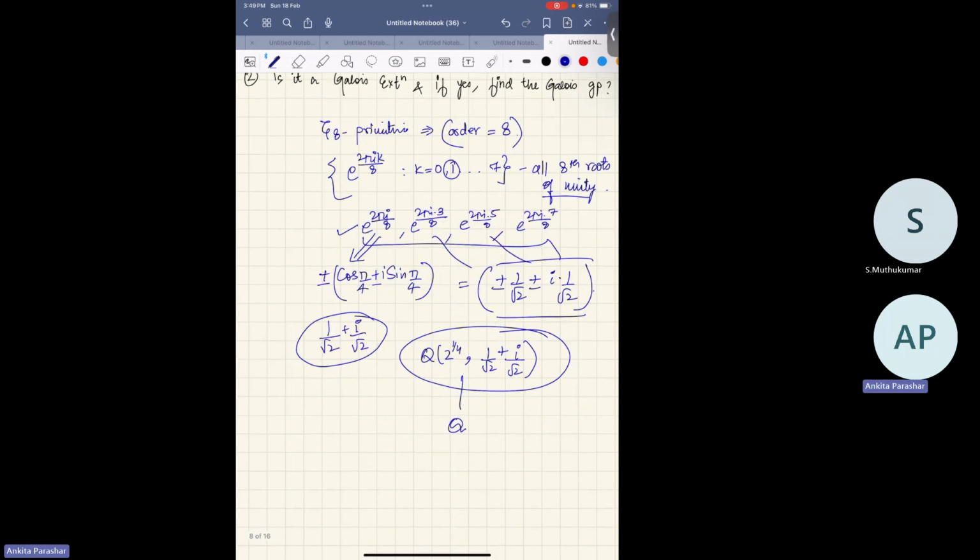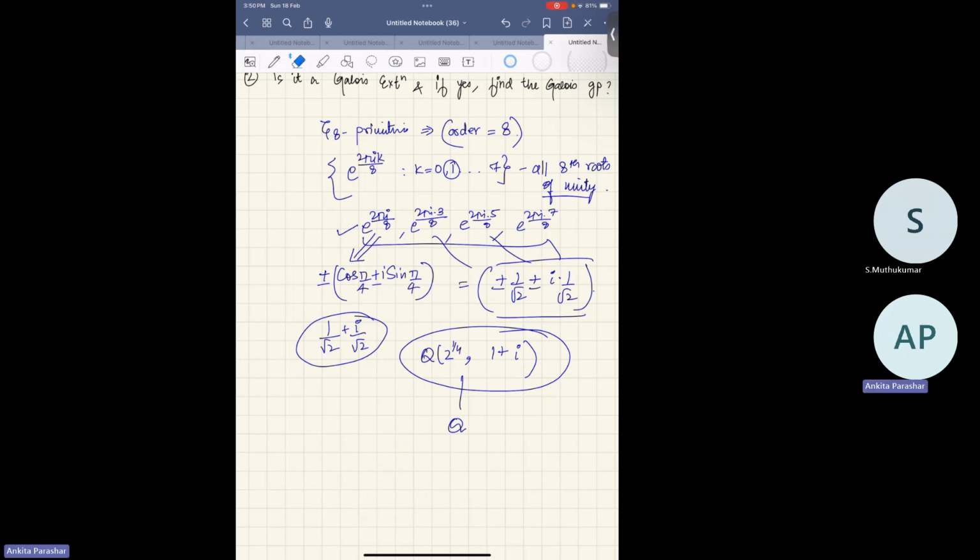Note that 1/root 2, is it in Q(2^(1/4))? Yes, because 2^(1/4) is contained in Q(2^(1/4)), its square is also there, and its inverse is also there. The square is nothing but this, which is nothing but this. And the inverse is also there. So I can simply remove these two things.